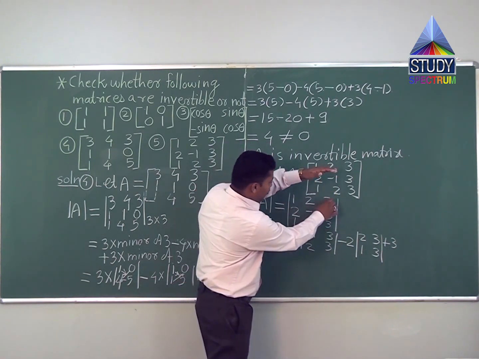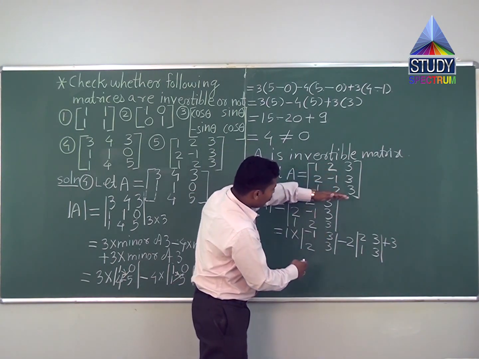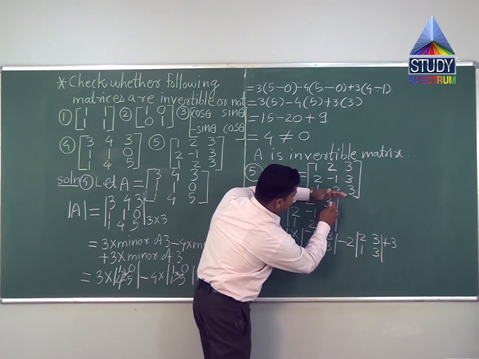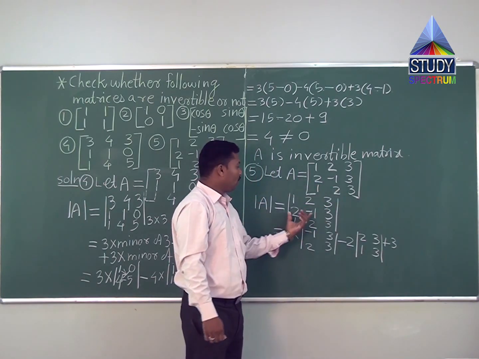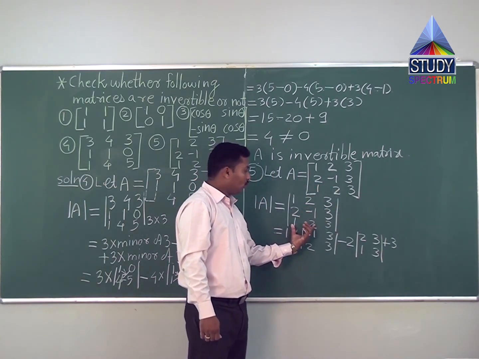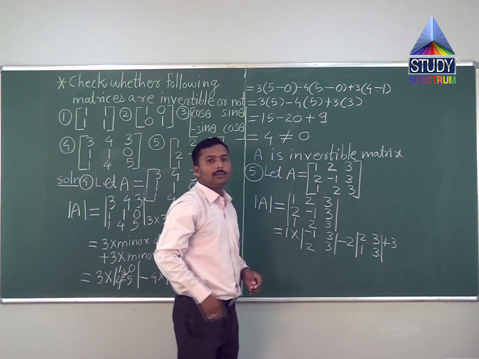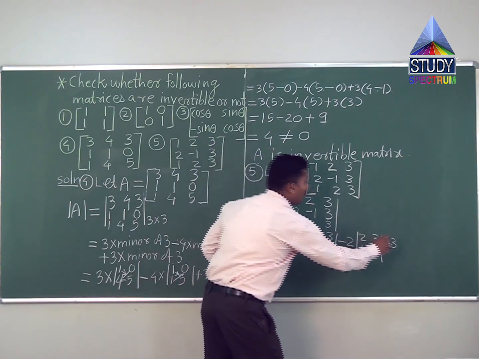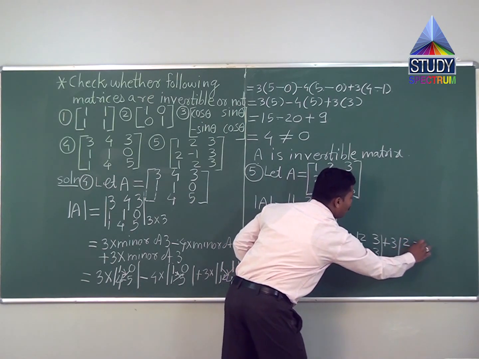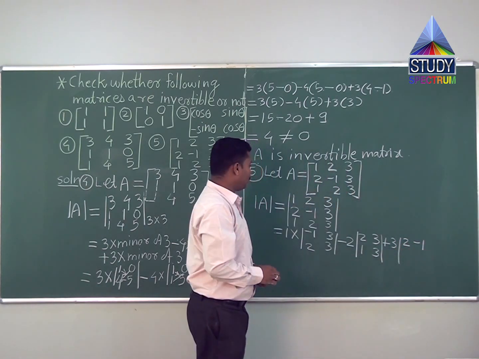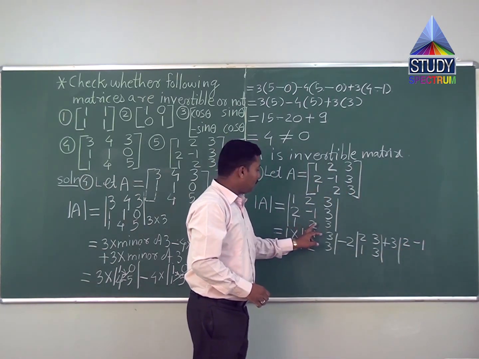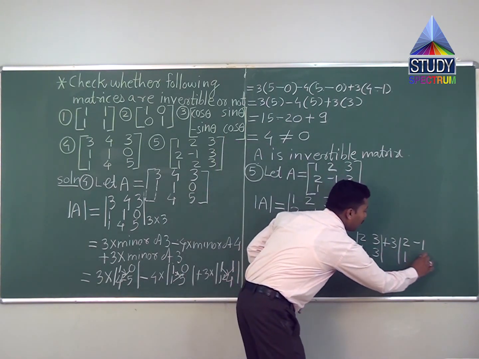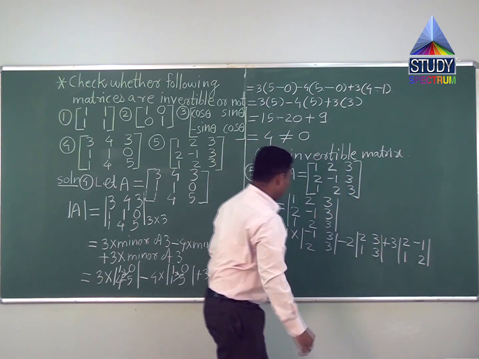the minor of the last number. So delete the row and column passing through this number. What remains? 2 minus 1, and 1 2. Take the determinant as it is.